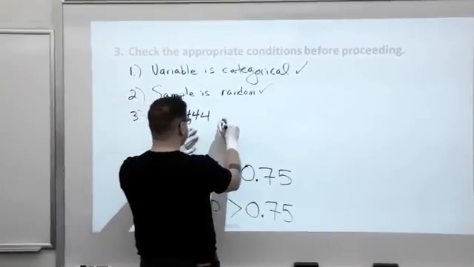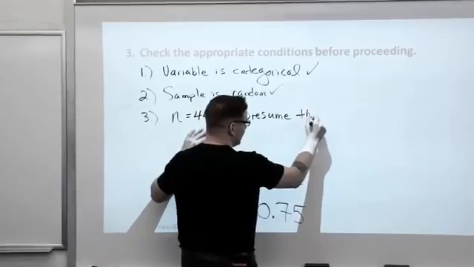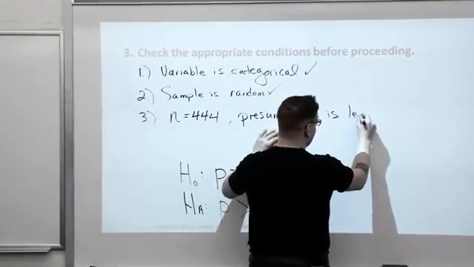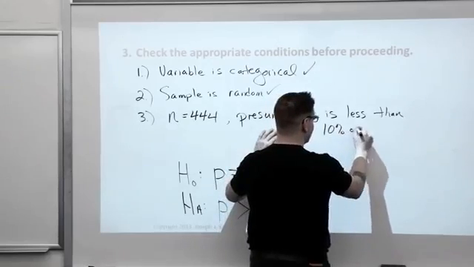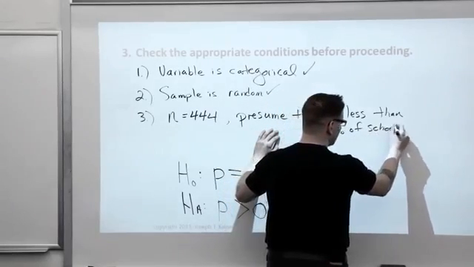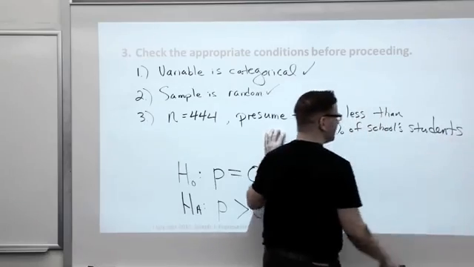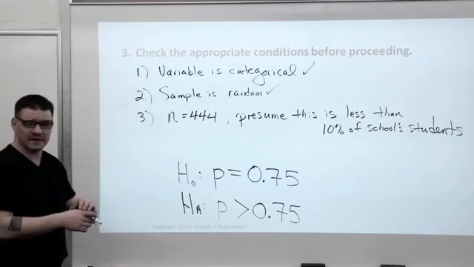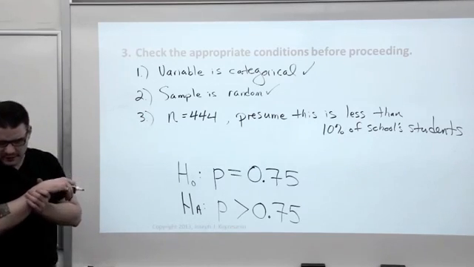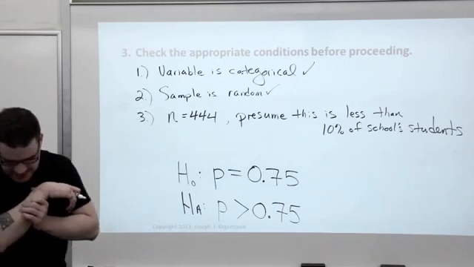So we'll presume this is less than 10% of the school's students. It probably is. I can't imagine. I mean, most colleges have at least 4,000 students going there. Just not Cecil.